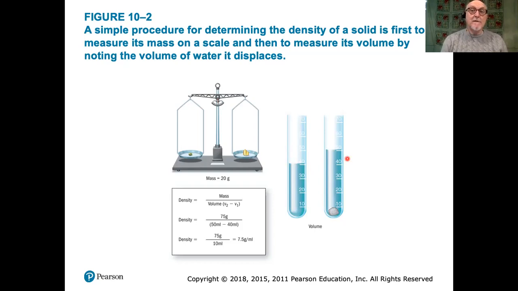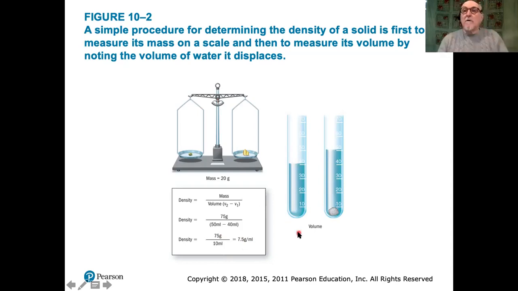It weighs 10 grams, right? So our weight was 75, that's our substance. It displaces 10 grams of water, 10 cc's, 10 milliliters of water. 75 grams over 10 milliliters is 7.5 grams per milliliter. 7.5 grams per milliliter is the density of our substance there.